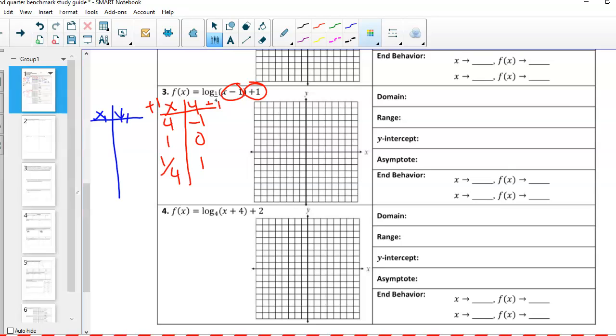Are you okay? So your new x's are 5, 2, and 1 and 1/4. Your new y's are 0, 1, and 2. So plot those 3 points.